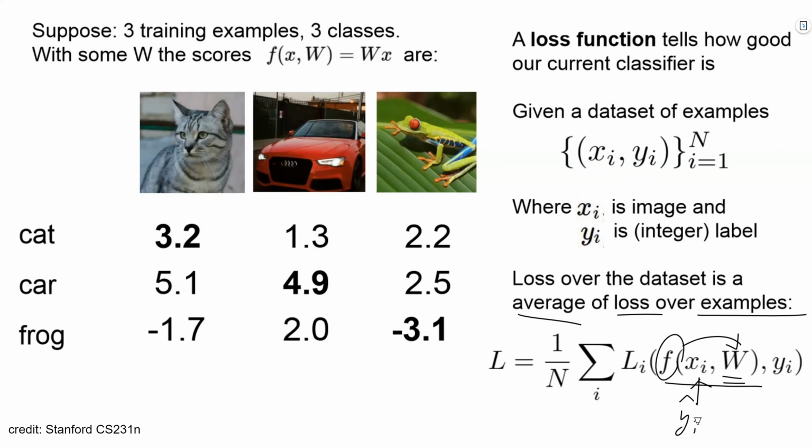And we, in some way, compare this predicted value and the ground truth value and evaluate the loss for the ith example, because i goes from 1 to n. After we sum up all these losses, we take 1 over n to calculate the average. That is going to be our final loss.